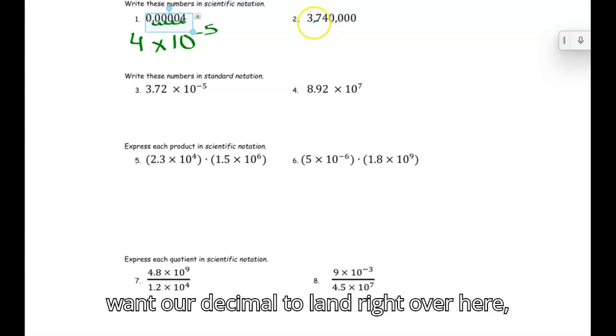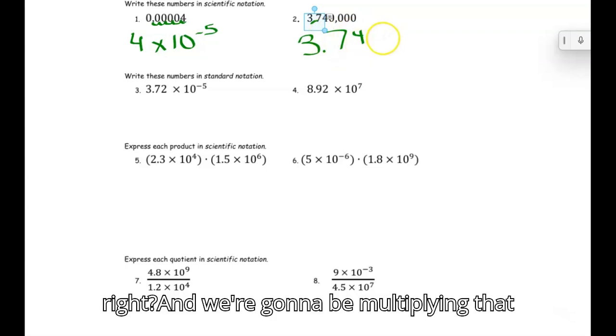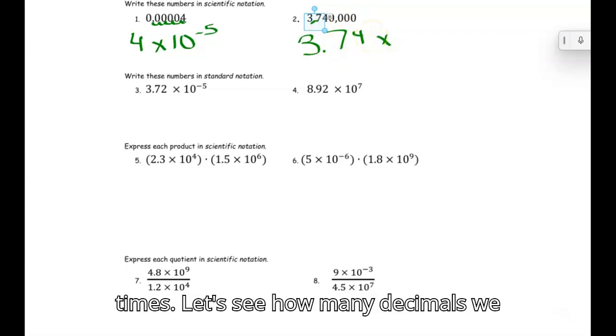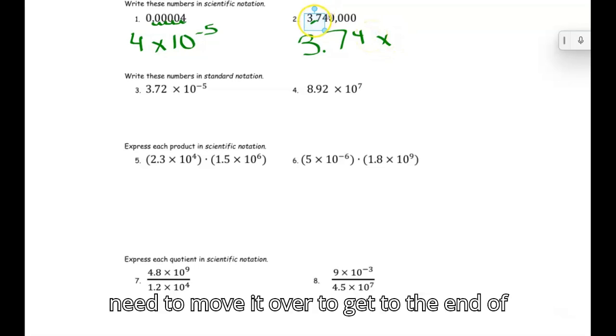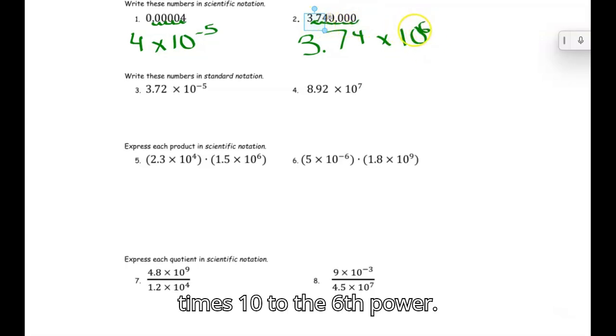Ideally, we'd want our decimal to land right over here. So it ends up being 3.74, right? And we're going to be multiplying that times, let's see how many decimals we need to move it over to get to the end of our number. 1, 2, 3, 4, 5, 6 times 10 to the 6th power.